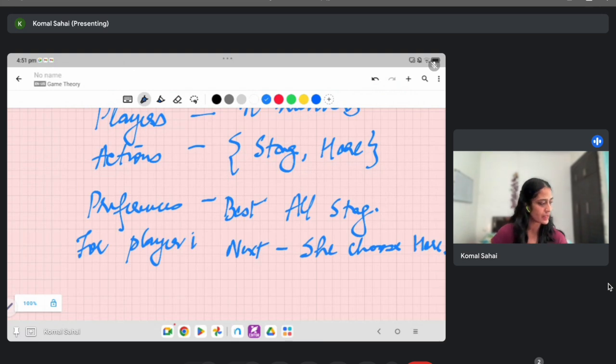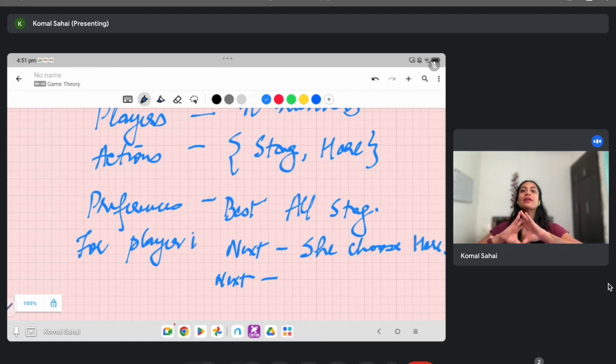So the next is that she chooses hare, right? No matter what others do, right? So in fact you can club both of these together and say that no matter what others are doing, right?